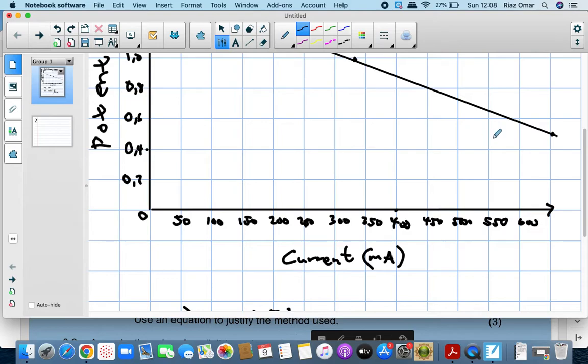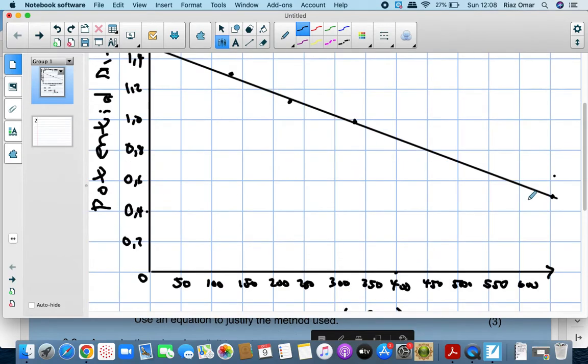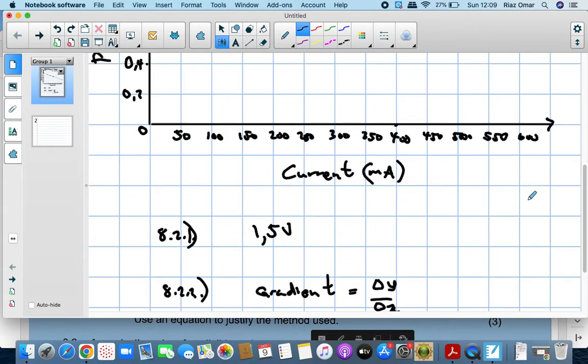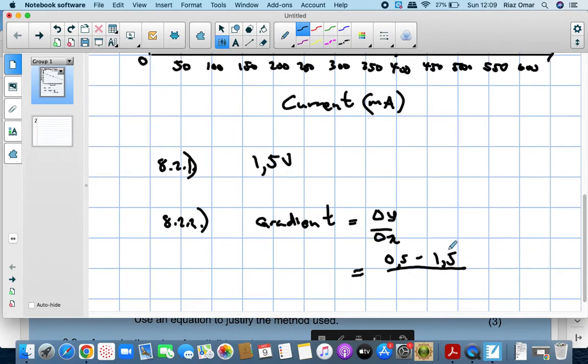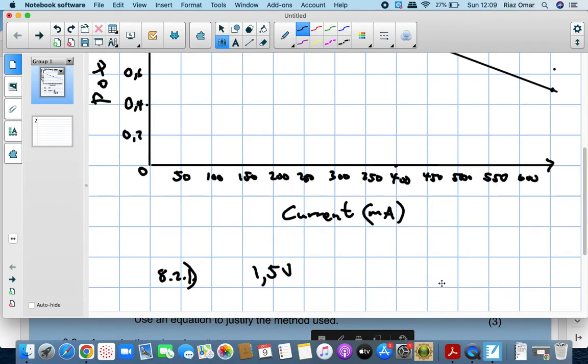Actually, this last point I plotted it wrong. It should be around 0.625. Let's fix it just now. So 0.625 minus the value there, which is 0.